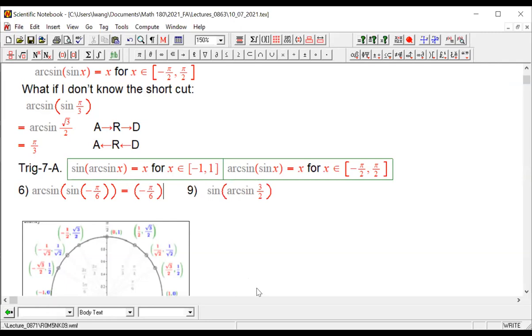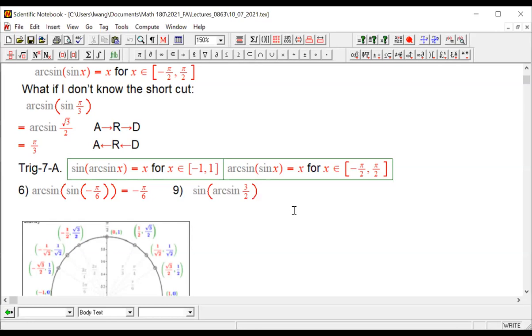Wonderful. Arc sine, sine, right? If you apply this property, that shortcut, you get negative pi over 6, because negative pi over 6 is inside this interval, right? That's a shortcut.